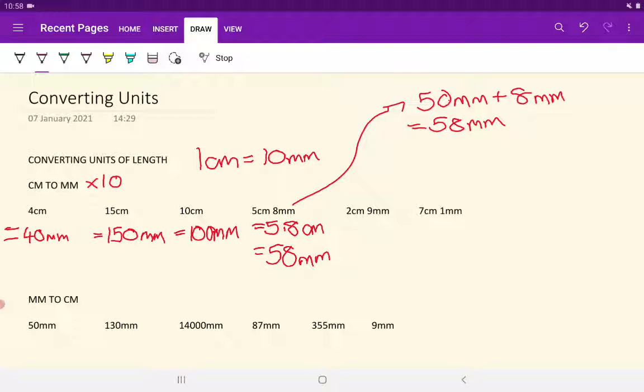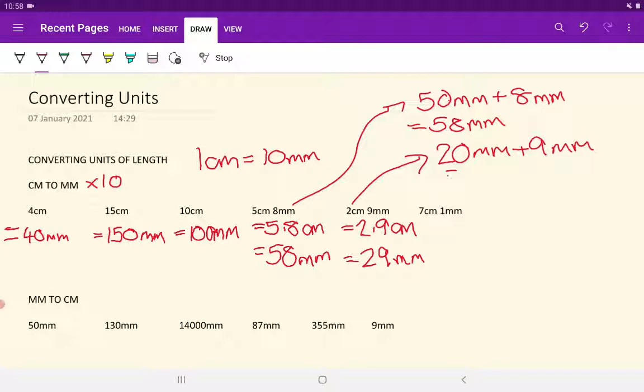Same with this next one. 2 centimetres, 9 millimetres is going to be 2.9 centimetres, which when we times it by 10 will give us 29 millimetres. Or you might think about it as 20 millimetres from that 2 centimetres plus 9 millimetres, and there's where your 29 would come from.